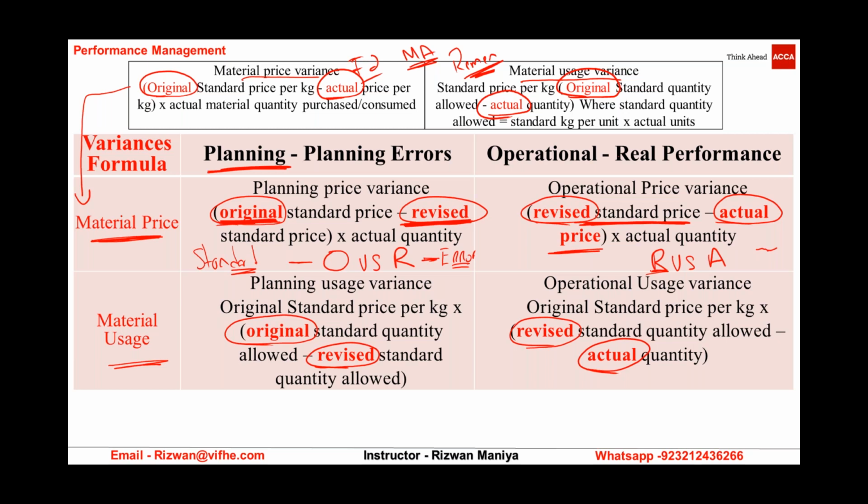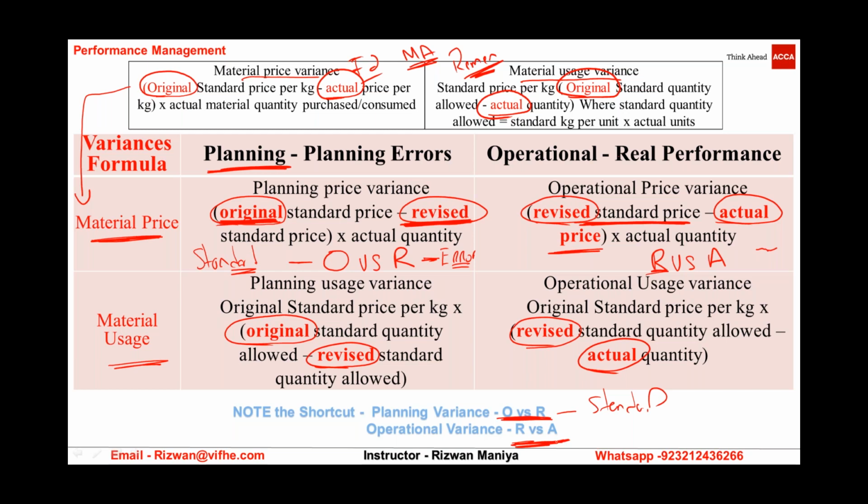Shortcut: planning variance is what? O versus R, original standard versus revised standard. And operational variance is what? R versus A, that is revised standard versus actual.